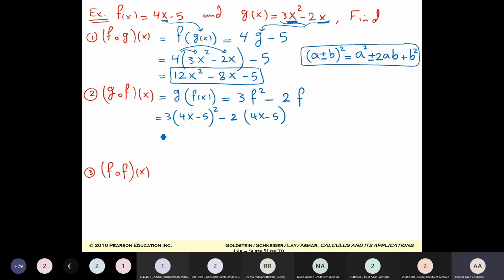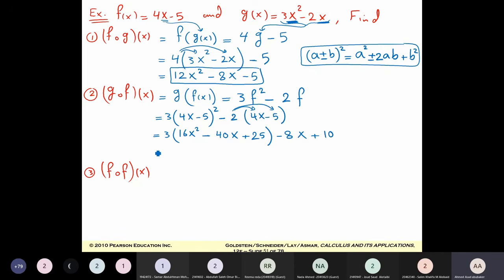So the simplification of 4x minus 5 squared equals 16x squared, the square of the first 4x, minus 2 multiplied by 4x multiplied by 5, this is 40x, plus the square of 5, 25. And multiplying 2, negative 2 with 4x, negative 8x, multiply negative 2 with negative 5, this is plus 10.